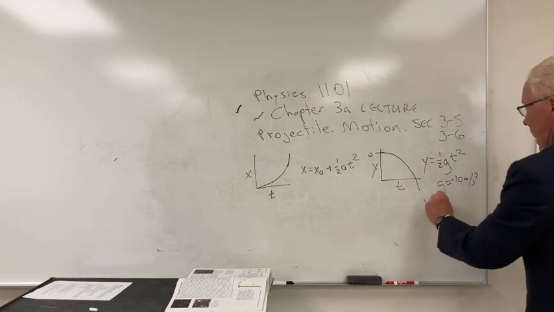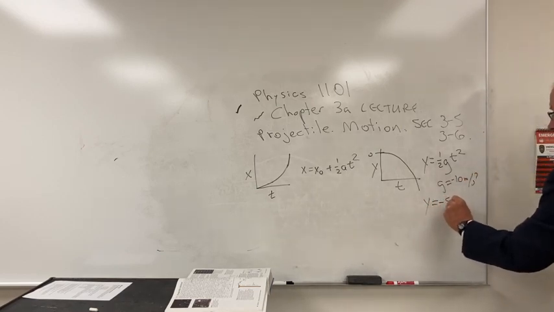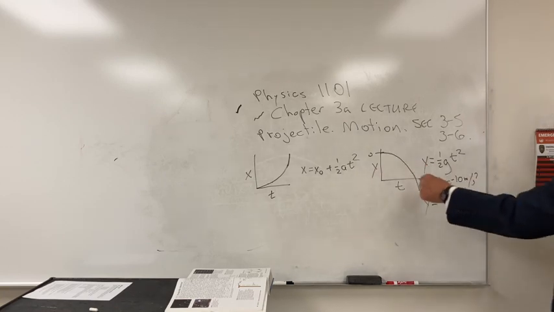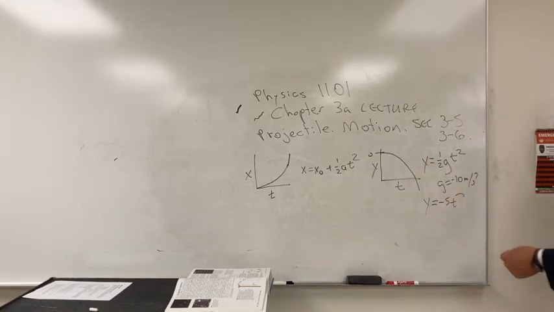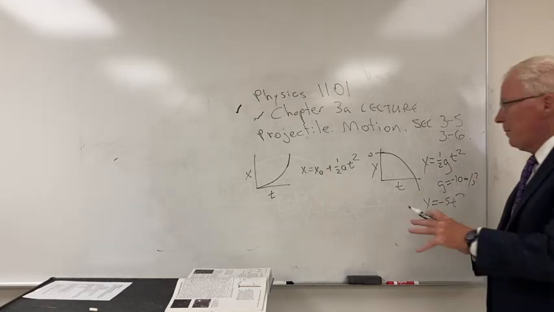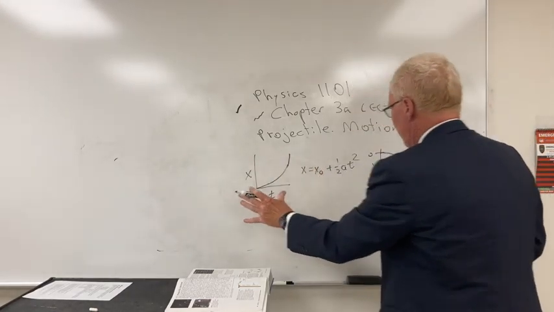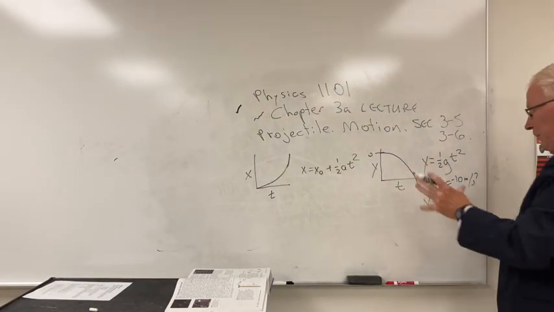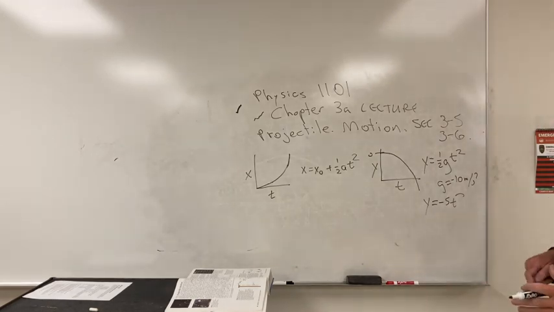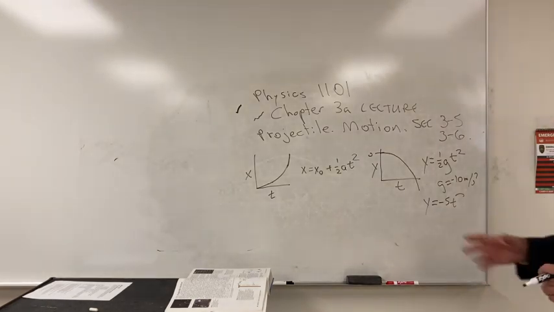So the shape of this graph is y equals minus 5t squared. It becomes more and more negative, but this is still a parabola. These are parabolas, but we're plotting position versus time and y versus time here.